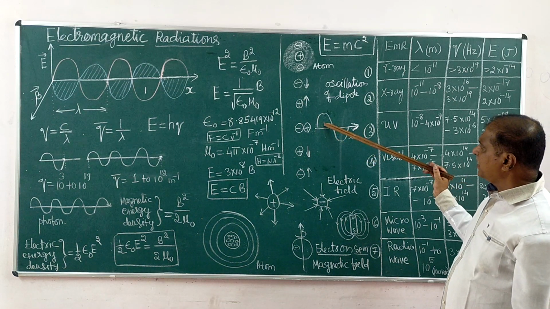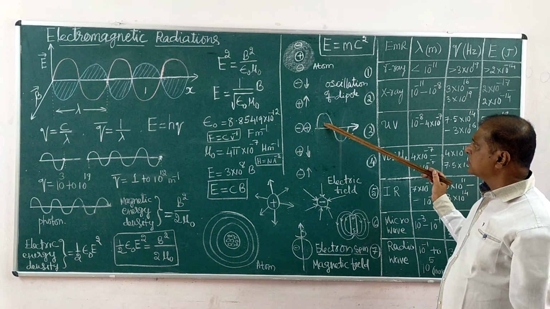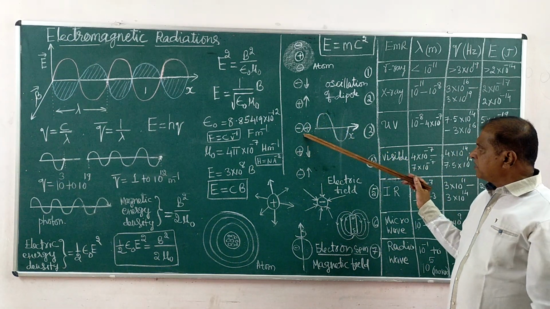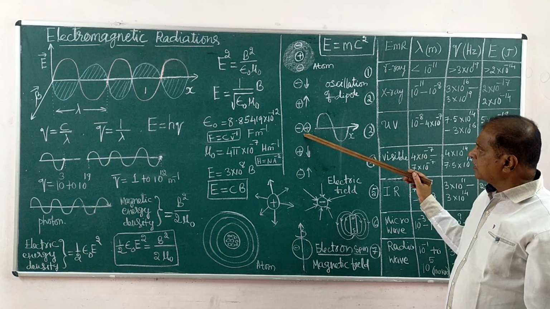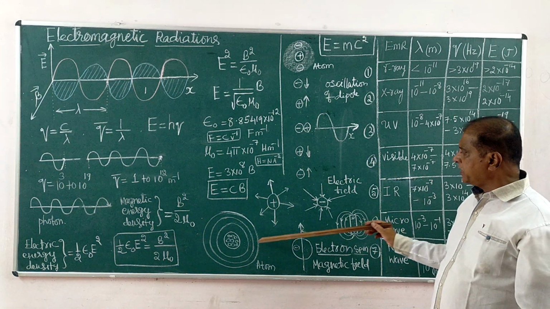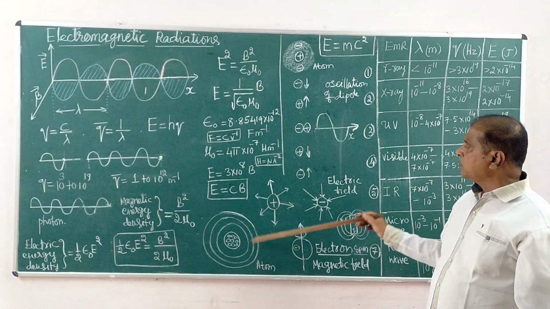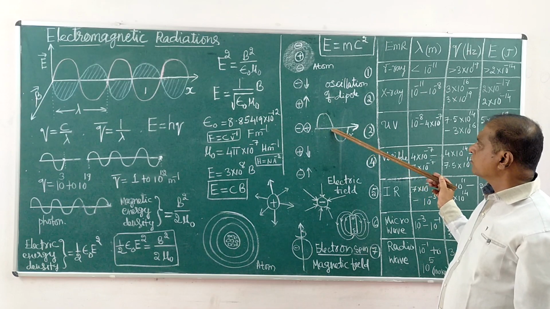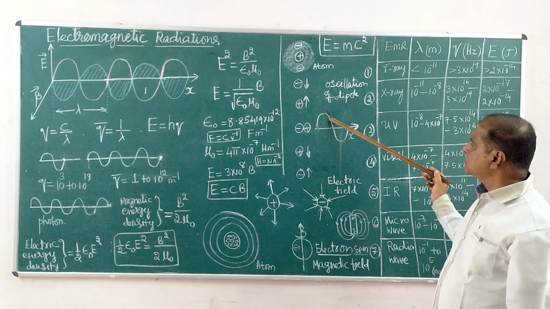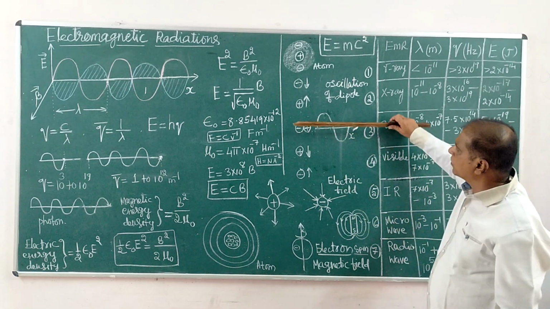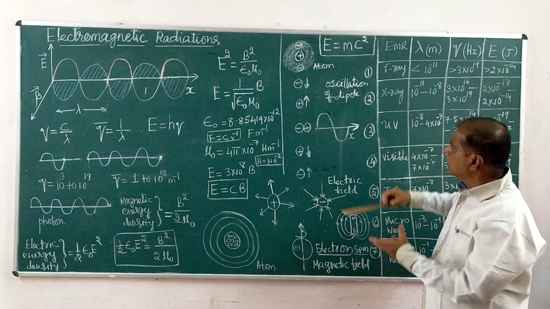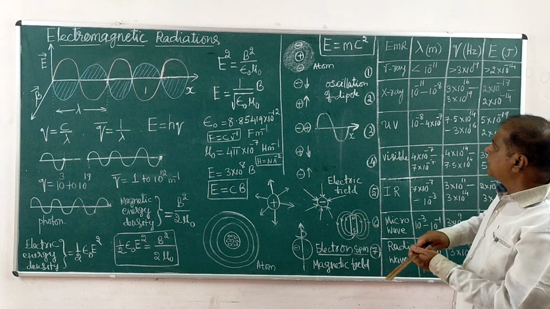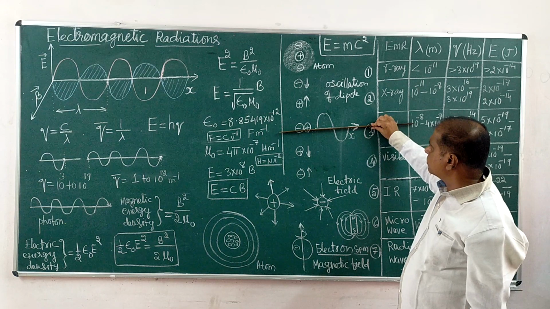This electric field oscillation or variation is always associated with a magnetic field. So when this electric field varies, the magnetic field also begins to vary in the material, in the atom. How does it vary? It is in the perpendicular direction to this. If this oscillation is in the plane of the blackboard, the magnetic field oscillates in the plane perpendicular to the blackboard.